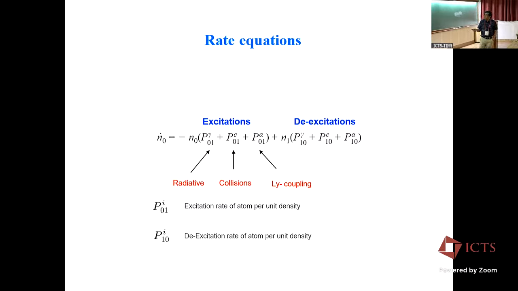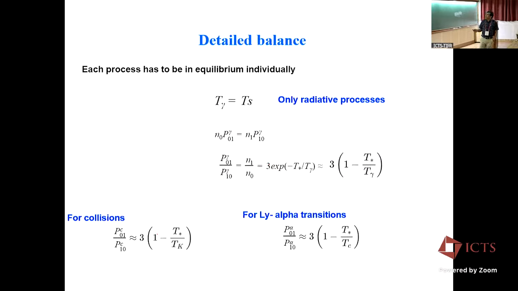Okay. Now if we consider each process individually, let's say there is only CMBR radiation and hydrogen atom, nothing else. In that case, your spin temperature will be the same as the CMBR temperature.